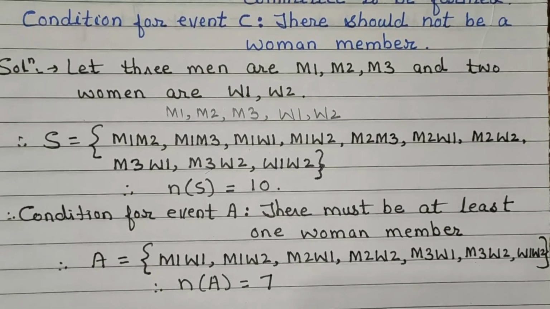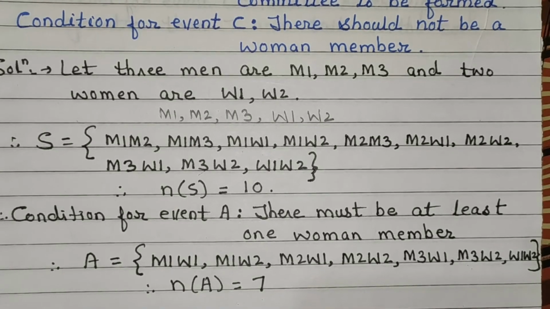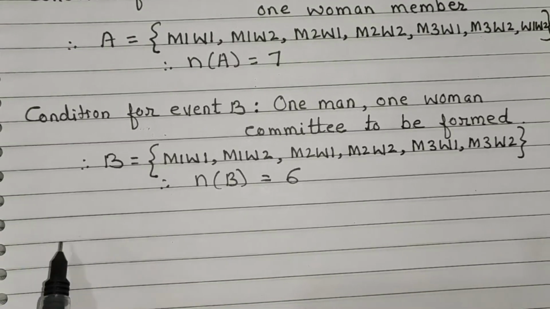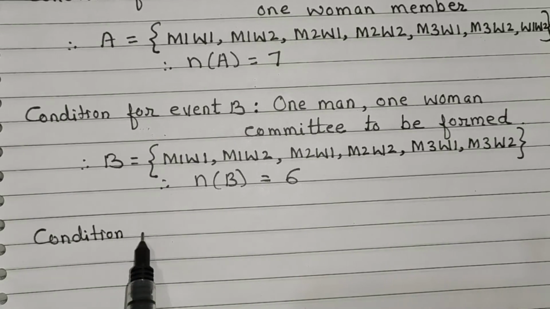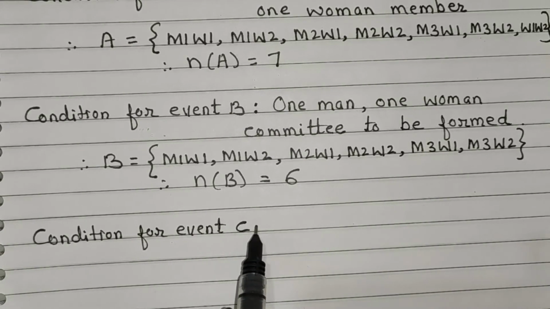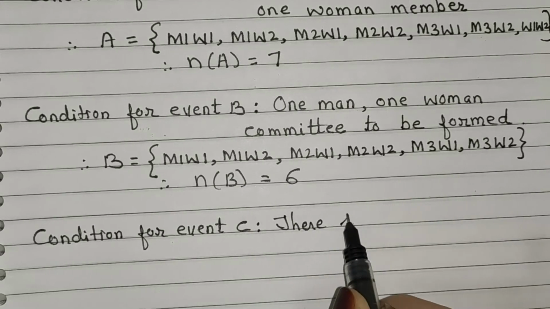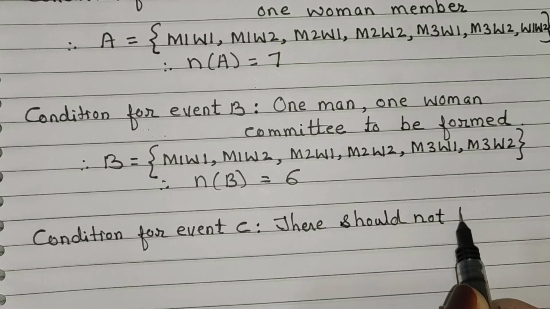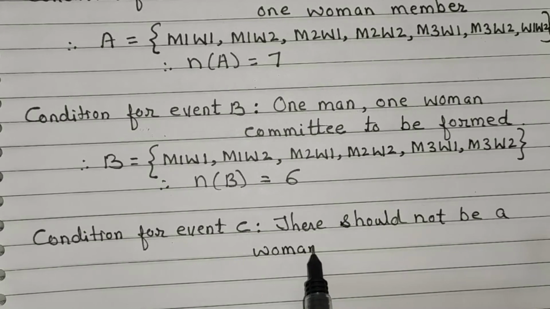Now, next condition for event C, there should not be a woman member. Therefore, write down here condition for event C. There should not be a woman member.